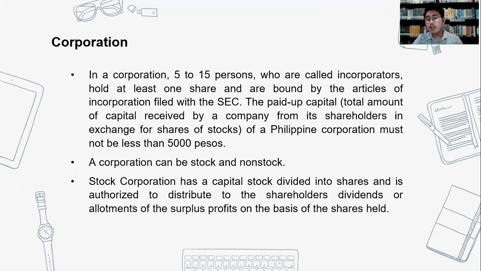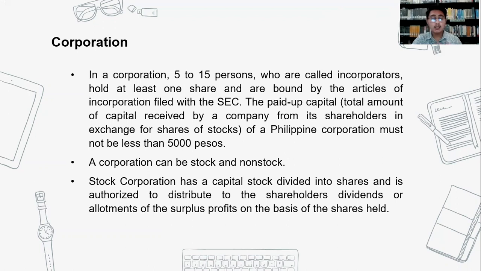Okay. So in a Philippine corporation, it must not be less than 5,000 pesos. So at least you give 5,000 pesos to the corporation, and that is equivalent to your share. Okay? So yung corporation po can be stock and non-stock.